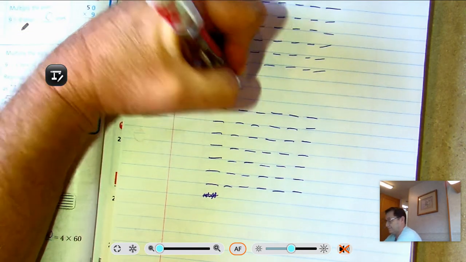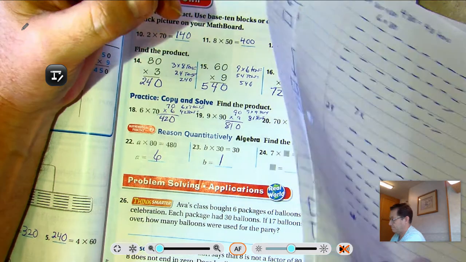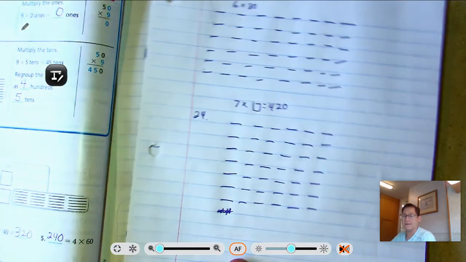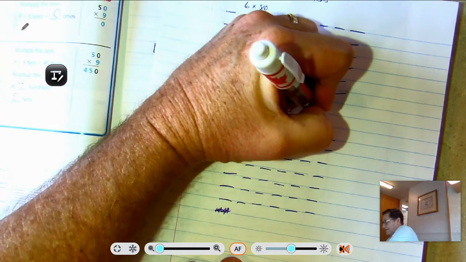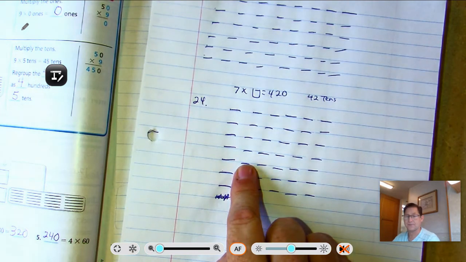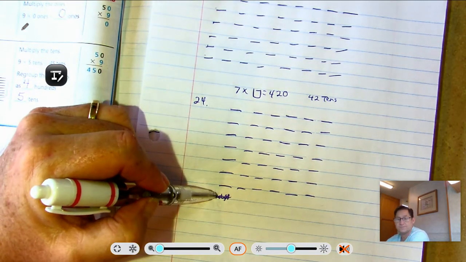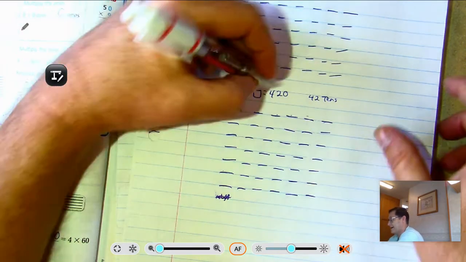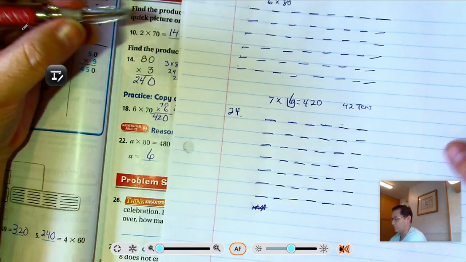7 times something is 420. 420 is the same as saying 42 tens. So we have 42 tens. I made 7 rows. And how much do I have in each row? 1, 2, 3, 4, 5, 6. I have 6 tens in each row.